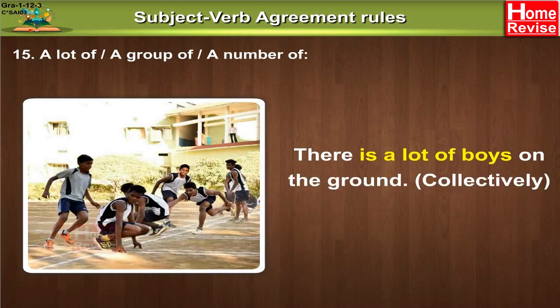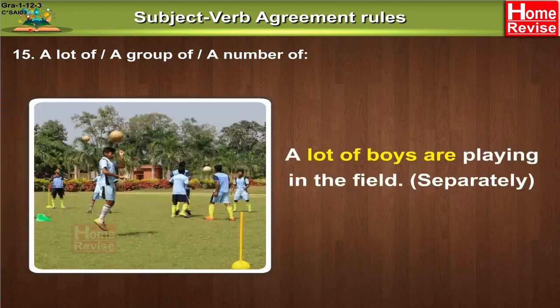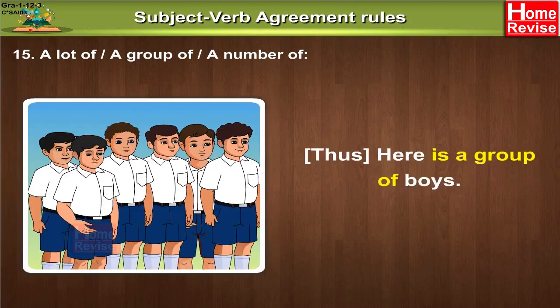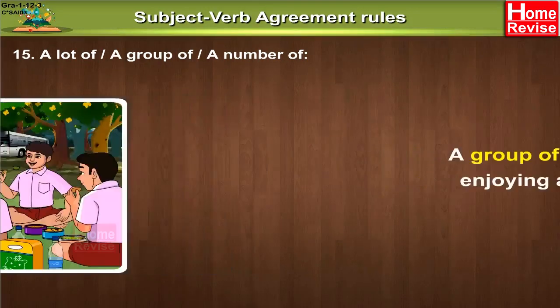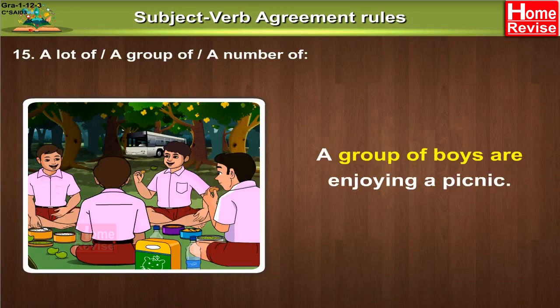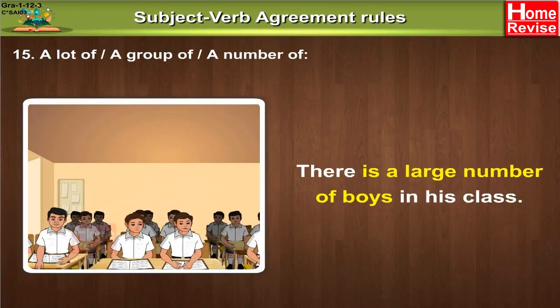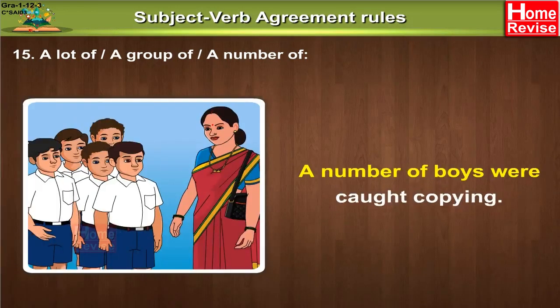There is a lot of boys on the ground, collectively. A lot of boys are playing in the field, separately. Thus, here is a group of boys. A group of boys are enjoying a picnic. There is a large number of boys in his class. A number of boys were caught copying.